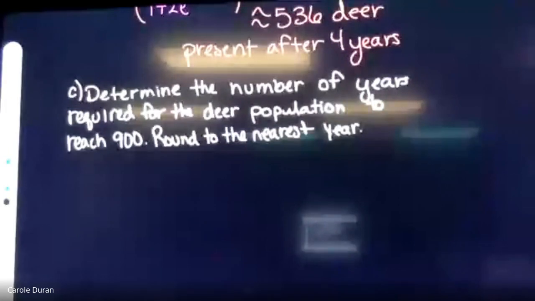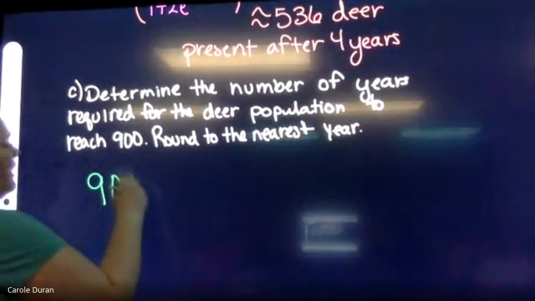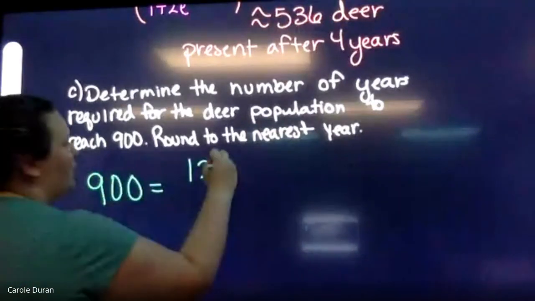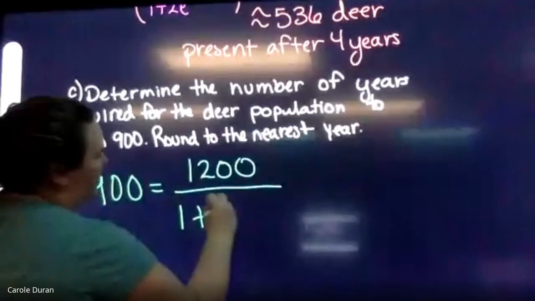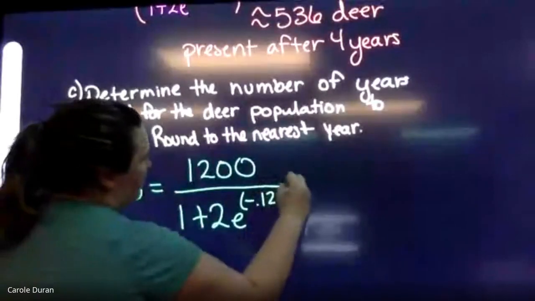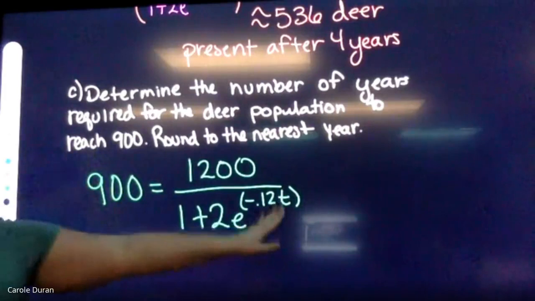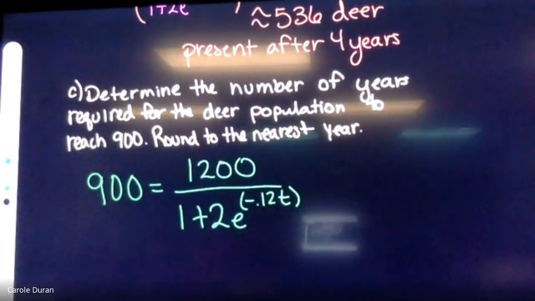So this is going to become 900 equals 1200 over 1 plus 2e to the negative 0.12t. So now I have the population and I'm going to solve for the number of years t.